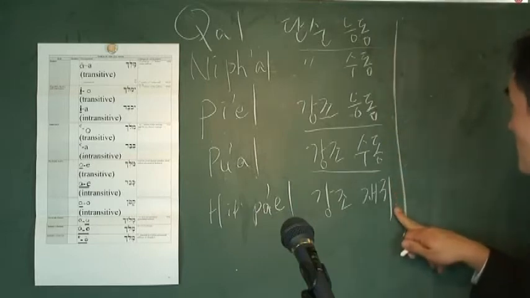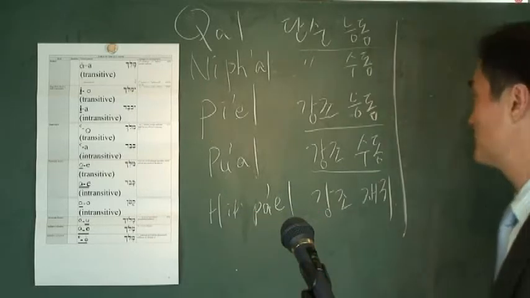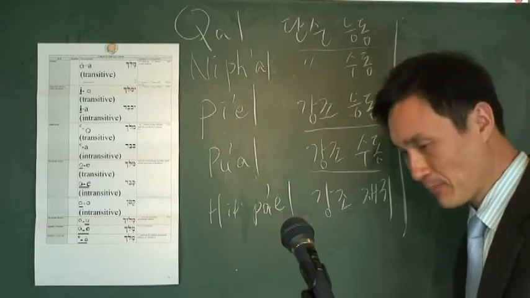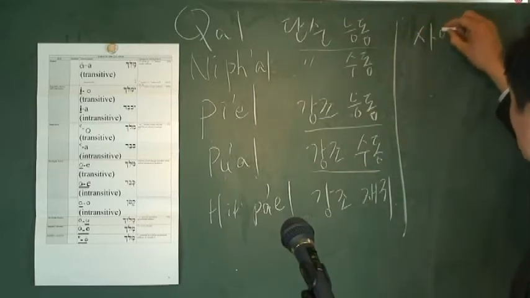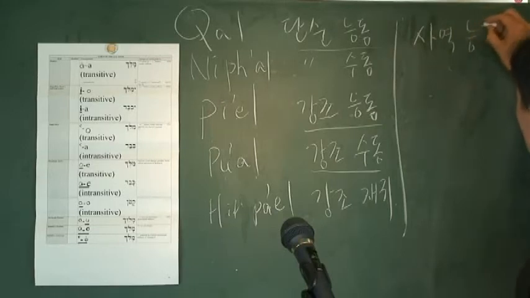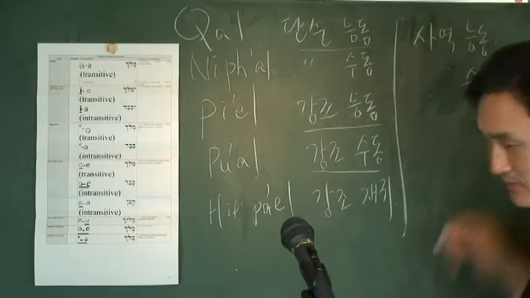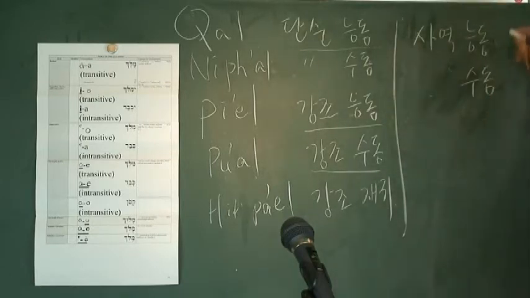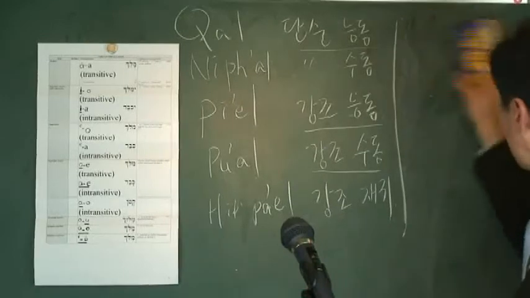One can also make a third party perform an action. This is causative, and there can be a causative active voice and a causative passive voice. The latter is called the Hifil stem in Hebrew grammar.